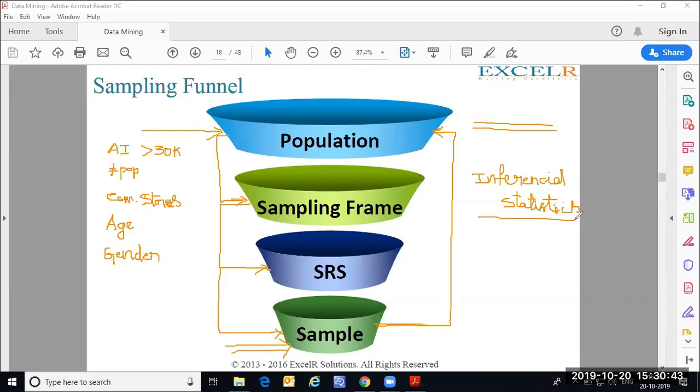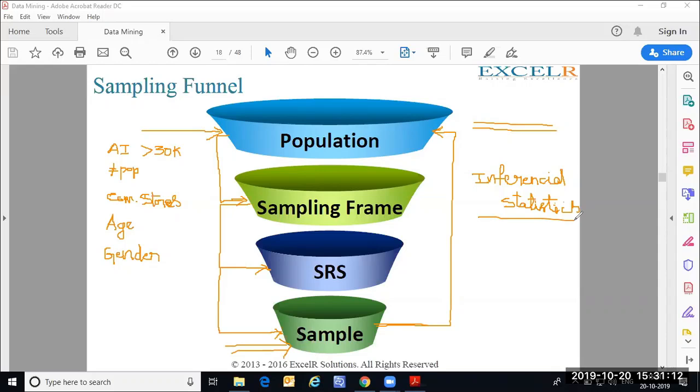It could be based on the simple random sampling technique. There are various sampling techniques that are available to us: stratified sampling, cluster-based sampling, and various advanced sampling techniques. So I would request you guys to spend some time reading about the various sampling techniques that are available and what exactly we perform in each of these techniques.